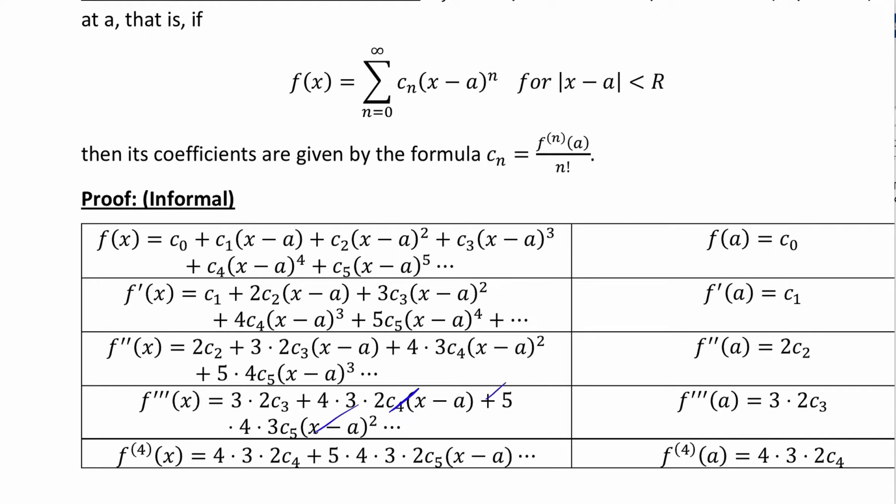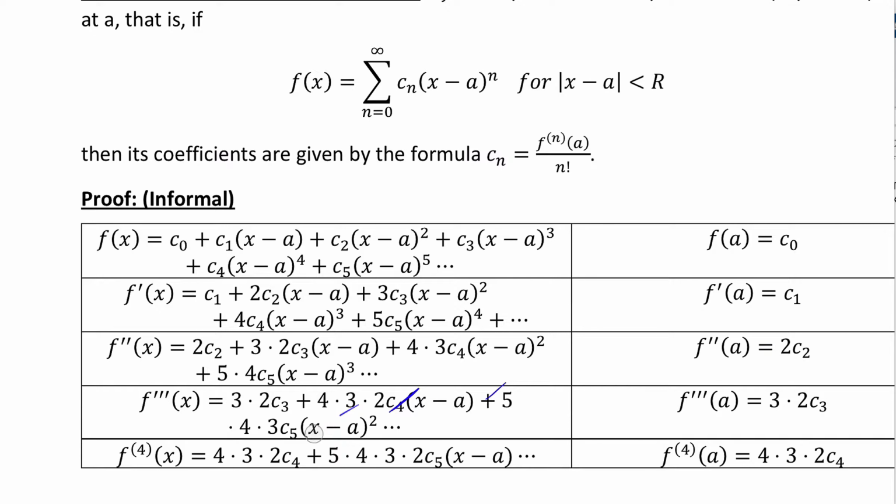And now you're left with 3 times 2, c3 is equal to f triple prime. If you take the fourth derivative, now the 4 comes to the front, so you're left with the fourth derivative is equal to 4, 3, 2. So notice that every time you take another derivative, right, you're multiplying by that next exponent, right? If I take the fifth derivative, then I'm going to have 5 times 4 times 3 times 2.